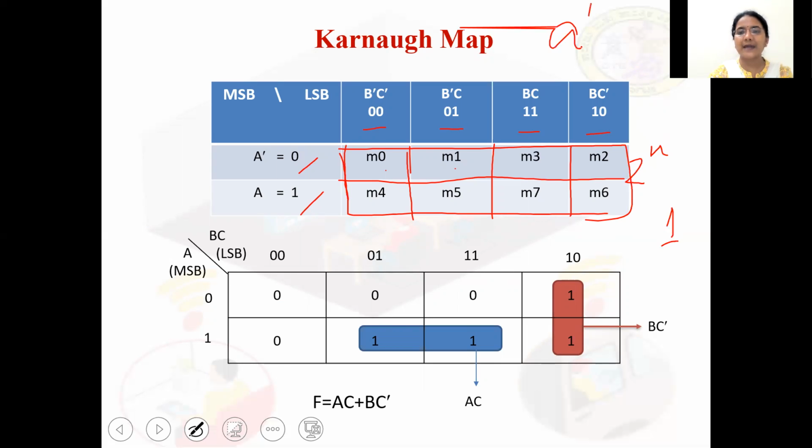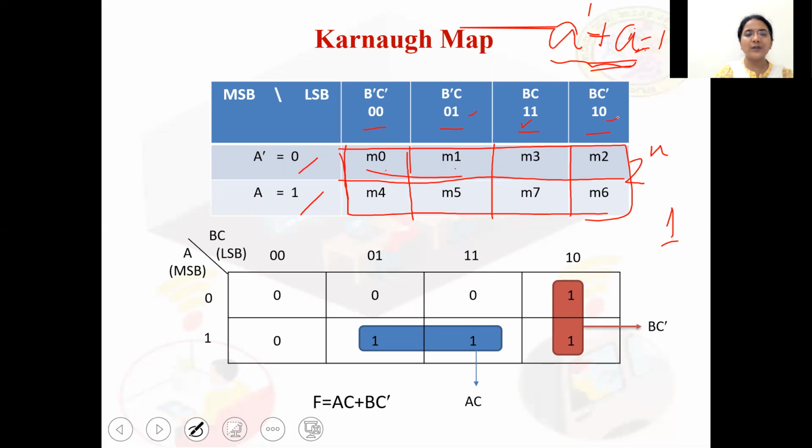Let us consider A bar plus A is equal to 1, where we are removing the redundant variables of this form. When you consider the two minterms 0 and 1, they vary with only one variable, C. When we consider 1 and 3, they vary with variable B. When we consider 2 and 3, they vary with variable C, like this.